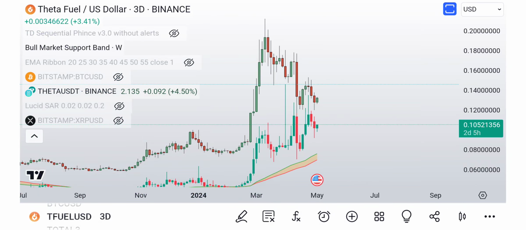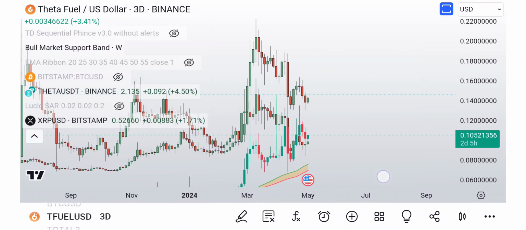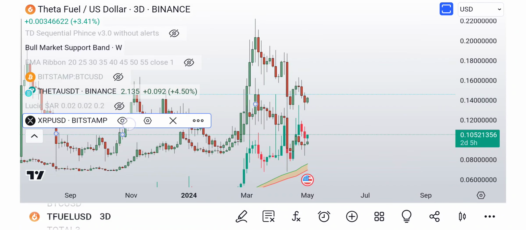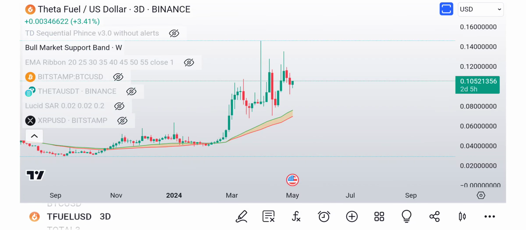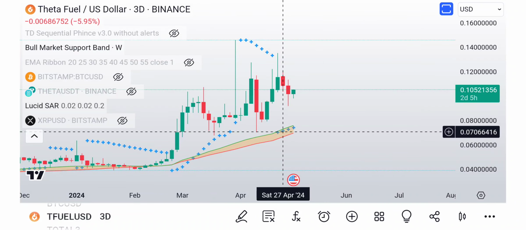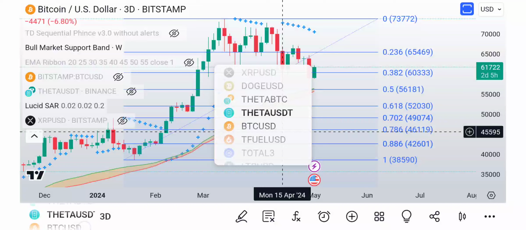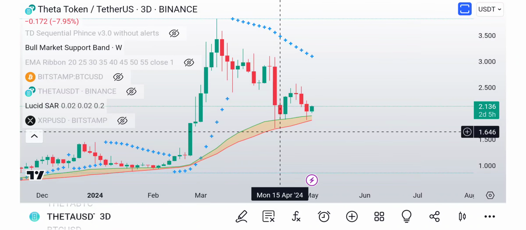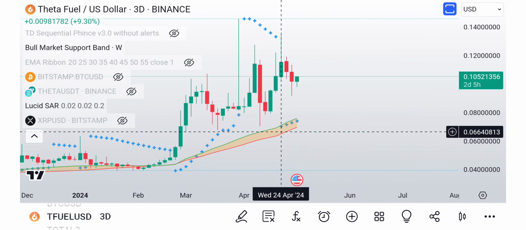That shows pretty significant strength. So let me take this off, and we can see on the 3-day chart, we are above the Lucid SAR. On Bitcoin, I believe we're below it. On Theta, I believe we're below it, right? So we're still bullish for Theta Fuel.